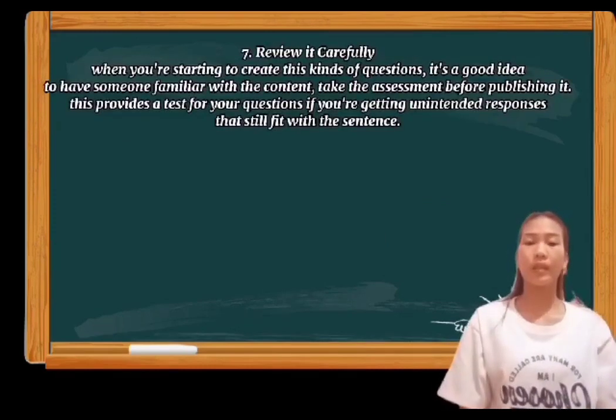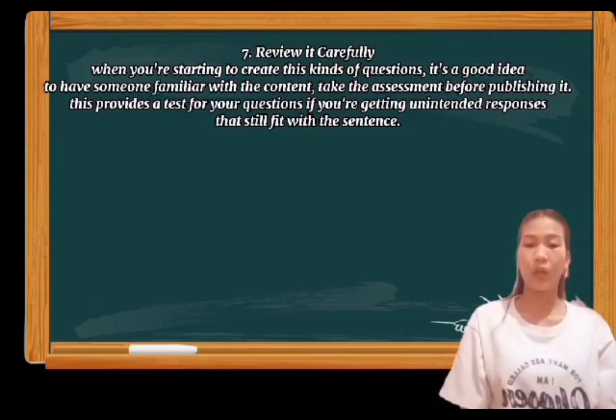The seventh one is review carefully. When you are starting to create these kinds of questions, it is a good idea to have someone familiar with the content take the assessment before publishing it. This provides a test for your question if you are getting unintended responses that still fit with the sentence.